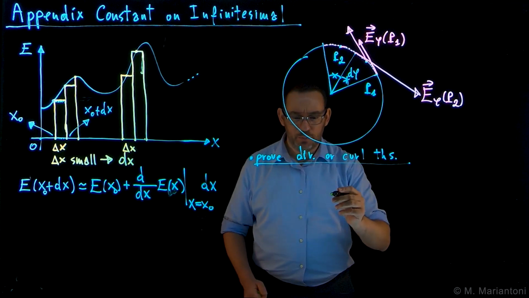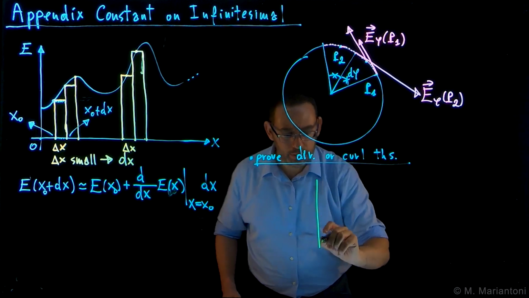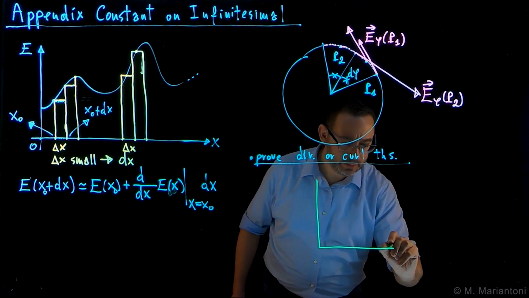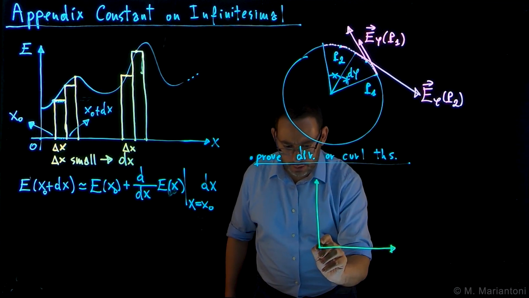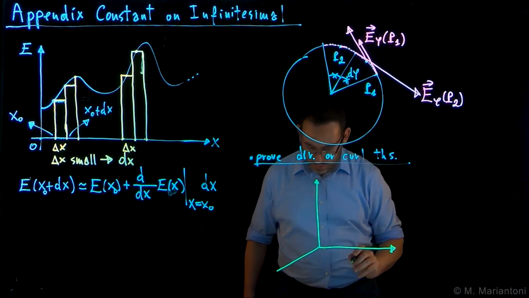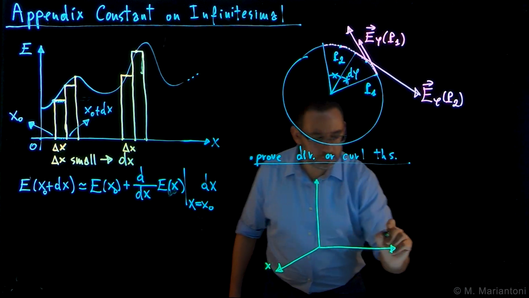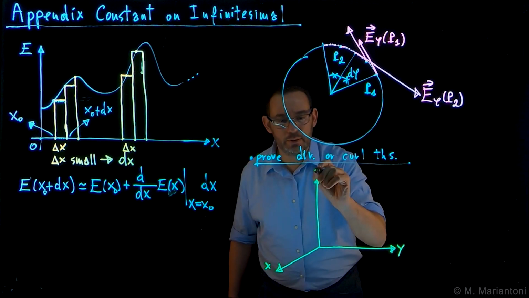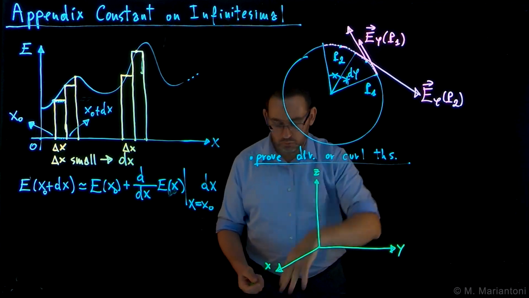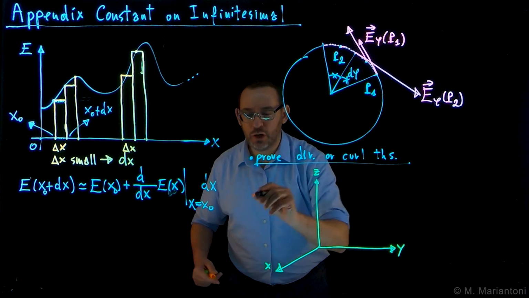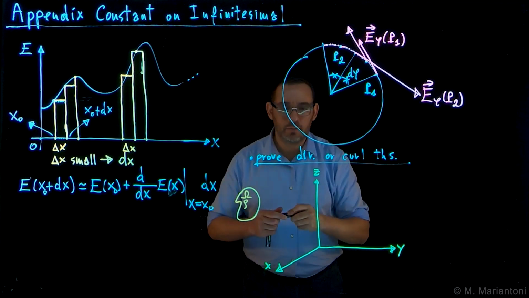Let's suppose that we have a Cartesian coordinate system in 3D, where these are the axes. This is the x-axis, this is y, this is z, and this is the origin. Now let's suppose that somewhere in space there is a charge distribution, whatever that is, omega with a rho, which generates some electrostatic field.